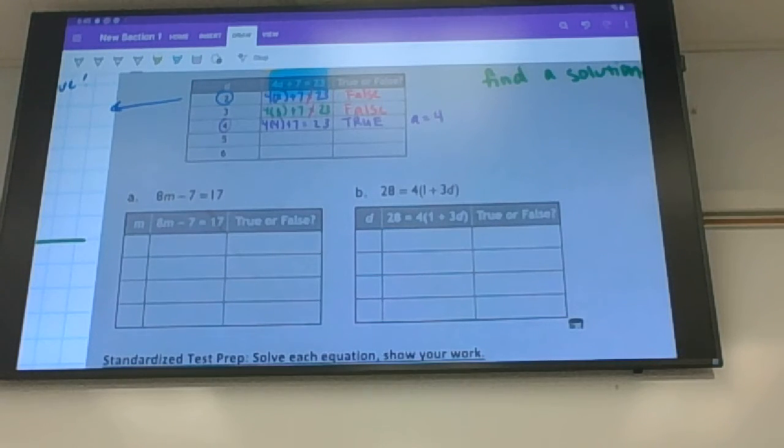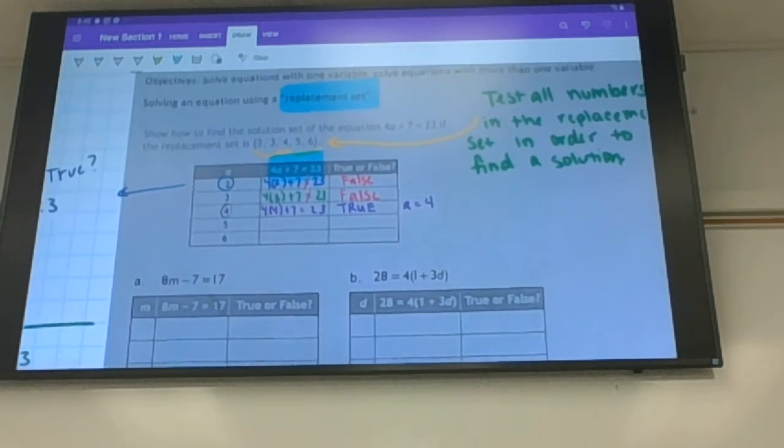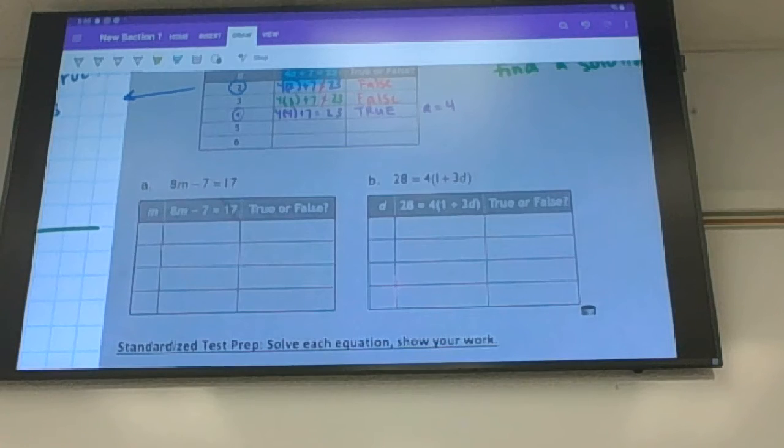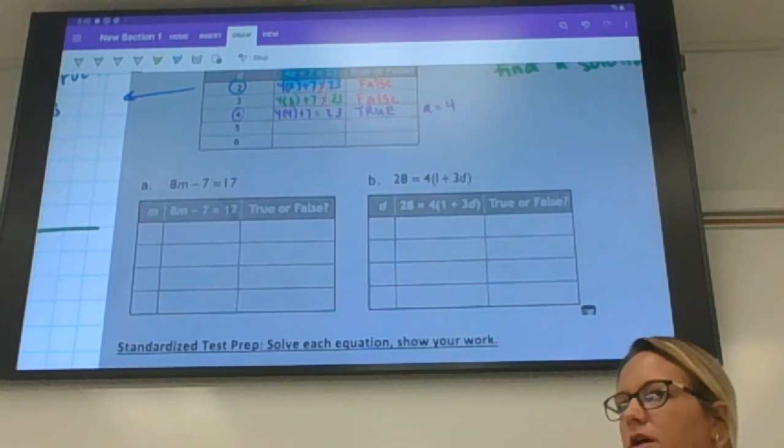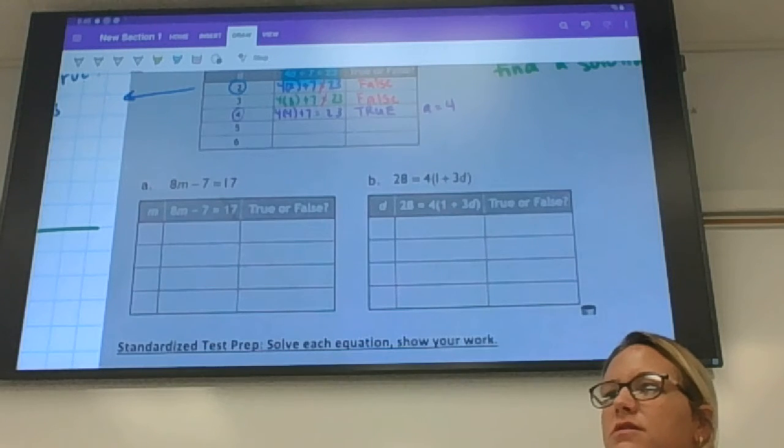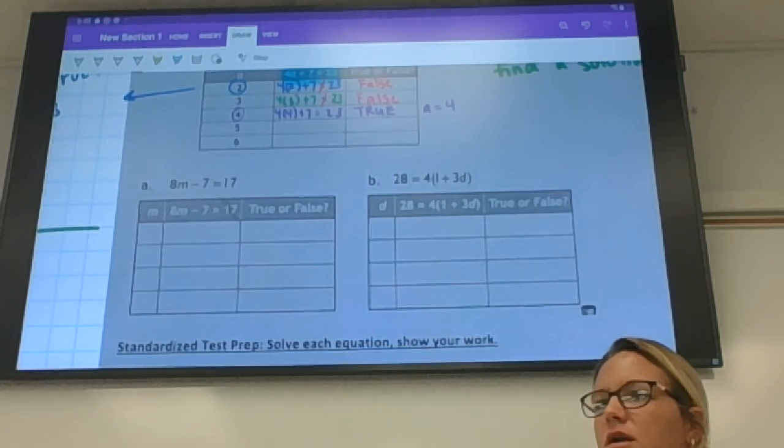Same concept, plug. Oh, is this the same concept? We're missing a replacement set. Are we supposed to use that? No. Has anyone gone ahead and used the same one? Do they work? Yeah.